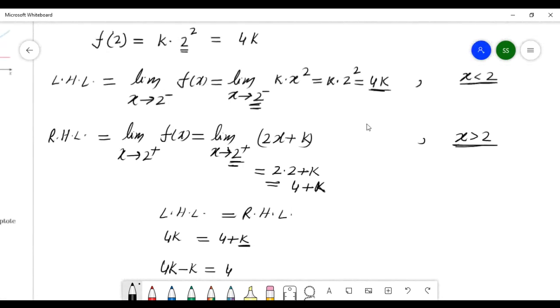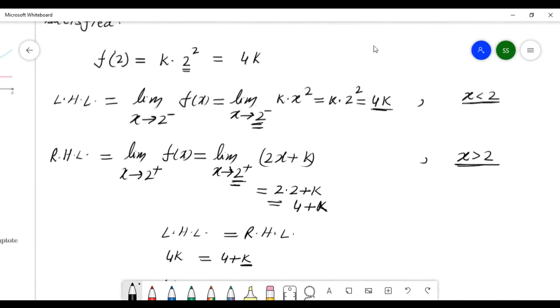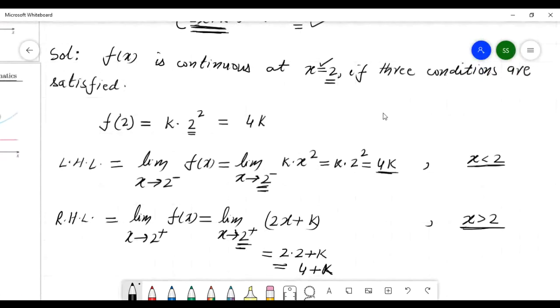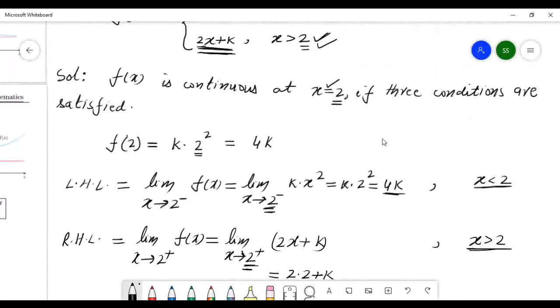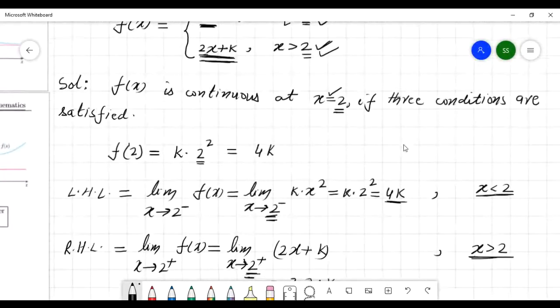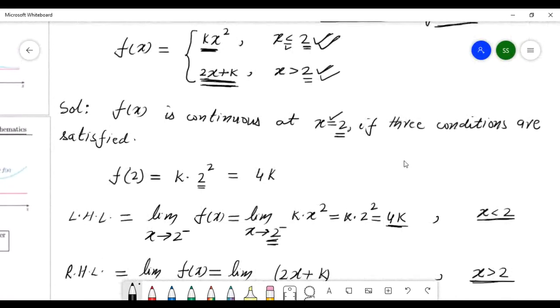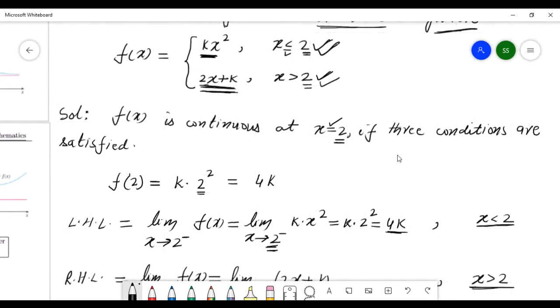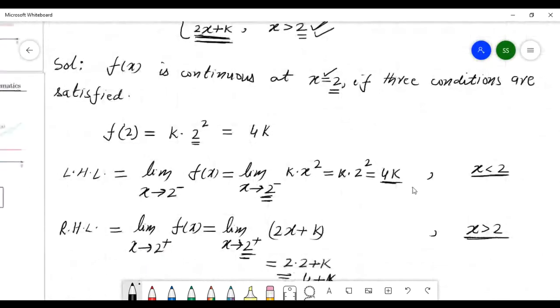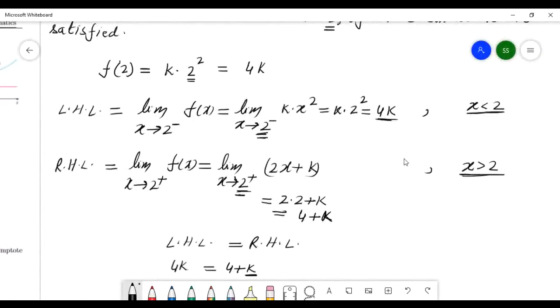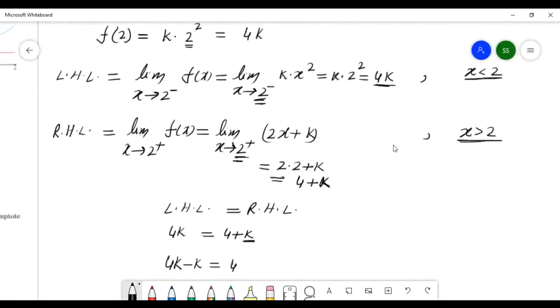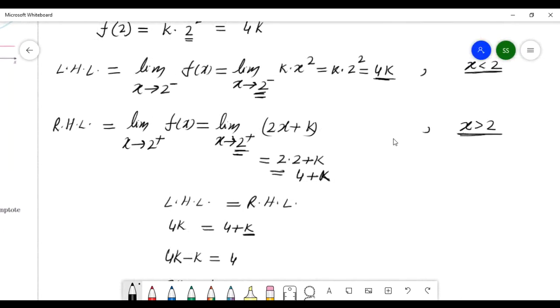Okay, so you understand this? This is the value of k.